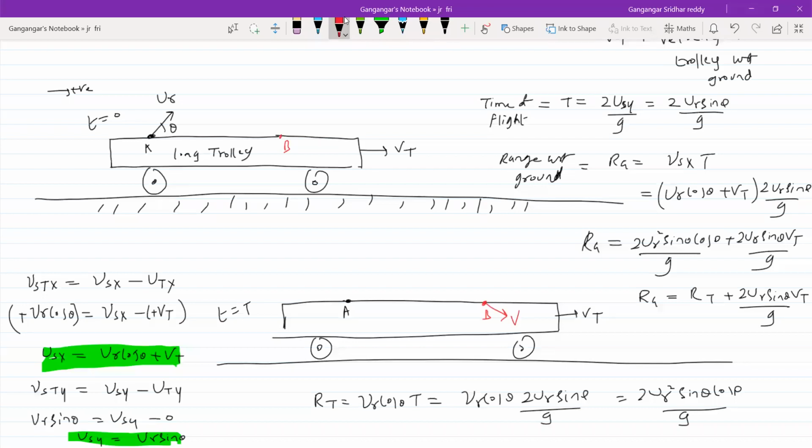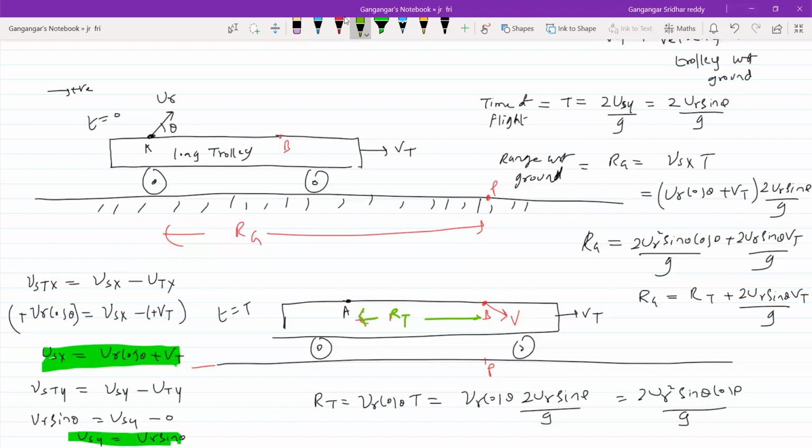Then where should I indicate the range with respect to ground? Call this P. This is the range with respect to ground. And this is the range with respect to trolley. I am giving enough information in the diagrams.